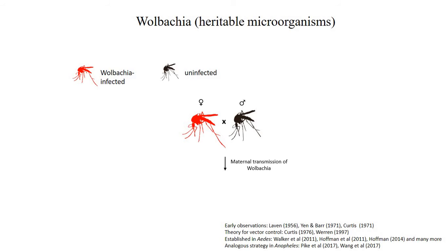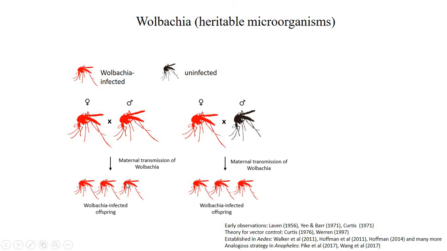They aren't naturally infected with Wolbachia in the wild. If a female is infected and the male is not infected, this is the maternal transmission of Wolbachia to eggs. Those infected offspring are fine. If both male and female are infected, then their progeny is fine.